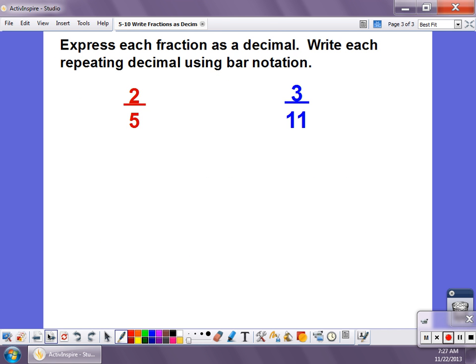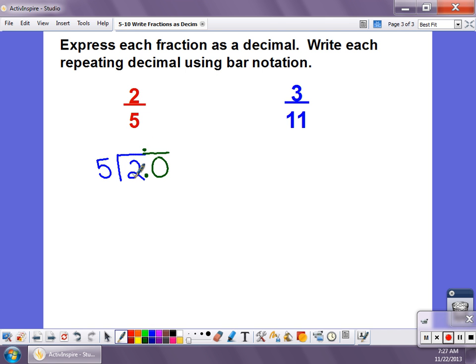Let me show you how this works when we're doing division problems. We're going to divide these two problems. One of them terminates, and one of them repeats. So remember, the way you change a fraction to a decimal is with division. So it's 2 divided by 5. So I'm going to add my decimal point, add my 0.